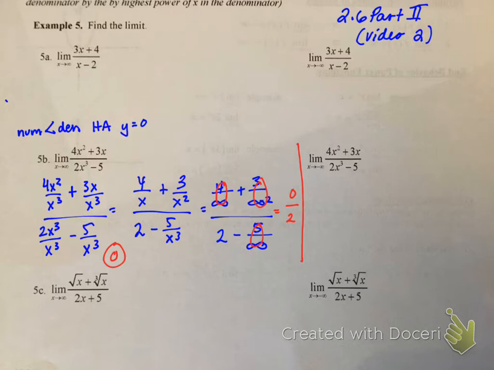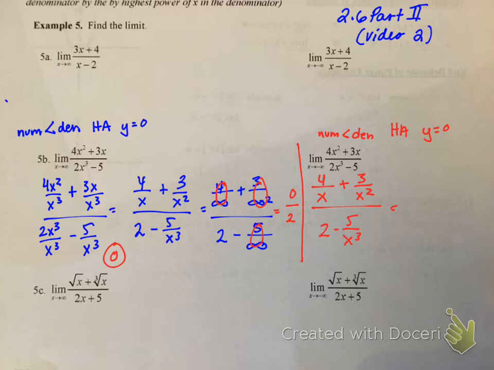Same deal. The numerator is less than the denominator, so we know we have a horizontal asymptote where y equals 0. This is the exact same equation, so I can skip steps. Remember we simplified this to be 4 over x plus 3 over x squared, over 2 minus 5 over x cubed.